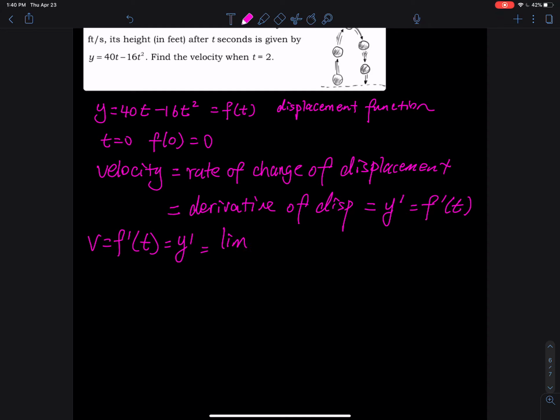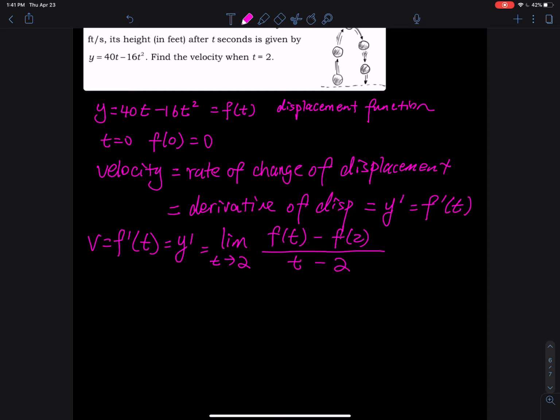We do the limit as, not x, they use t, approaches 2. So we have f of t minus f of 2, y2 minus y1, where y1 you just plug in the 2, divided by x2 minus x1. You plug in the other point, the second point, you take t steps forward. Initially you are at point 2, and then the next point is t.